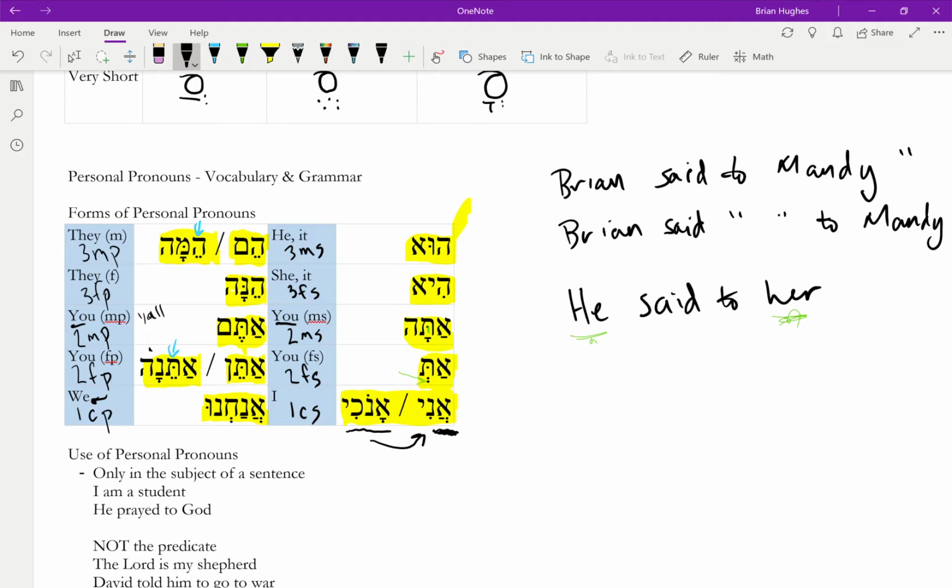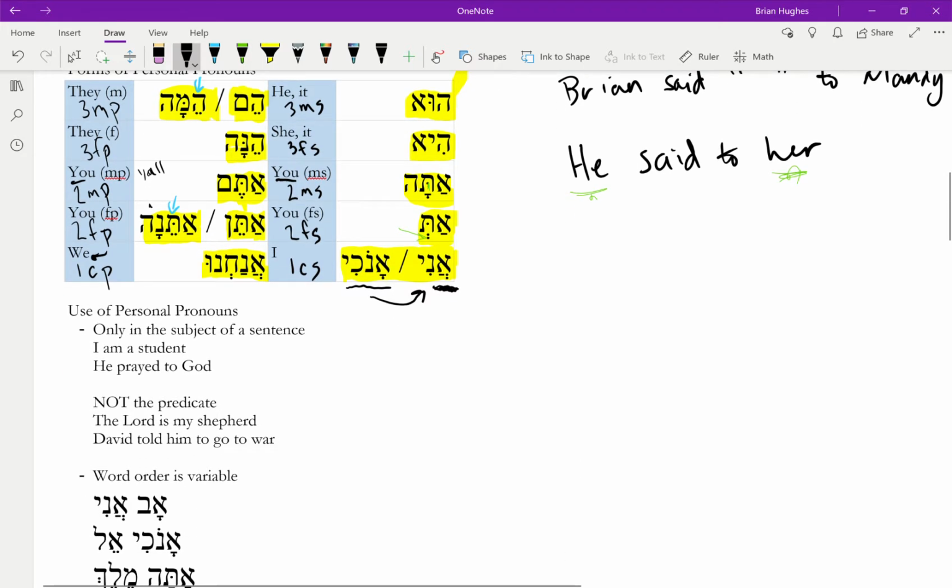Okay, so those are the forms of the personal pronouns introduced in the vocab of Lesson 4. Here in Chapter 5, we're actually going to talk about how they're used. So in English, if you look at my examples up here, we can use similar personal pronouns, not the same, in the subject of a sentence and the predicate.